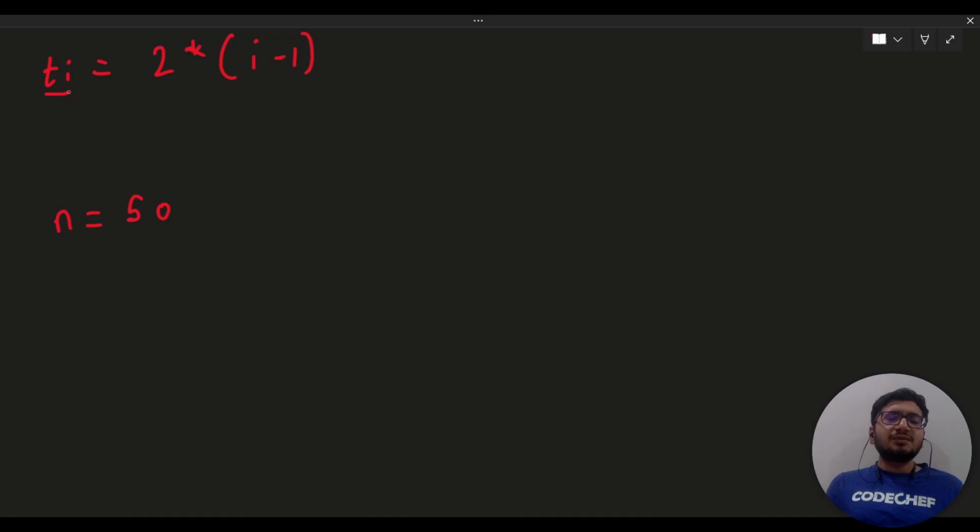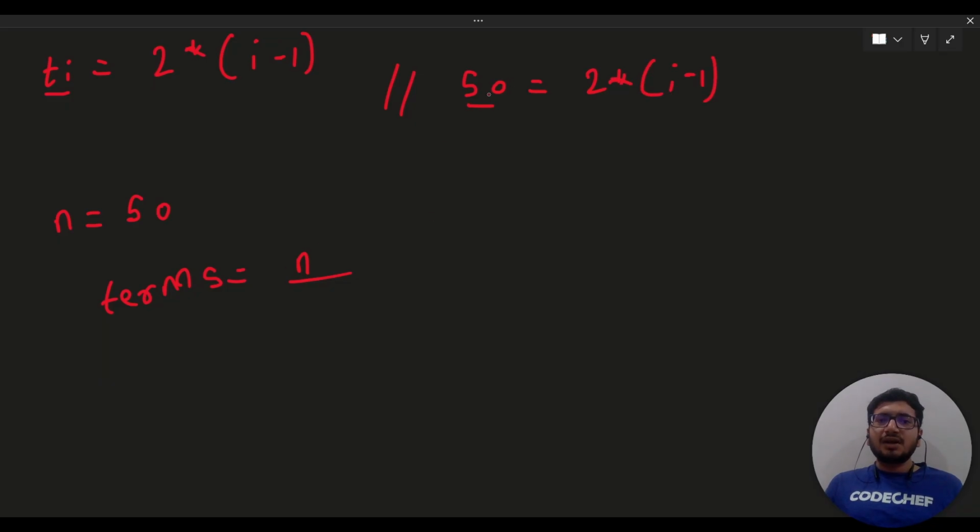If my ith term is 50, and I want to find out what is my i, then the number of terms is nothing but simply n divided by 2 plus 1. Let me write the equation so that it is easier to understand: 50 equals 2 times i minus 1. So consider this as n, it is nothing but n divided by 2 plus 1. So these are the number of terms.